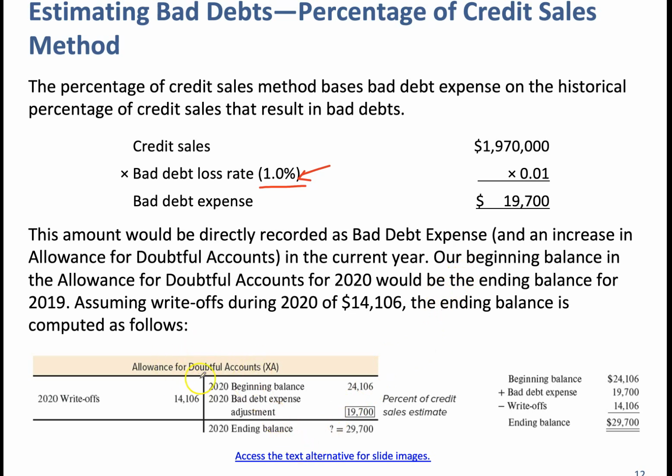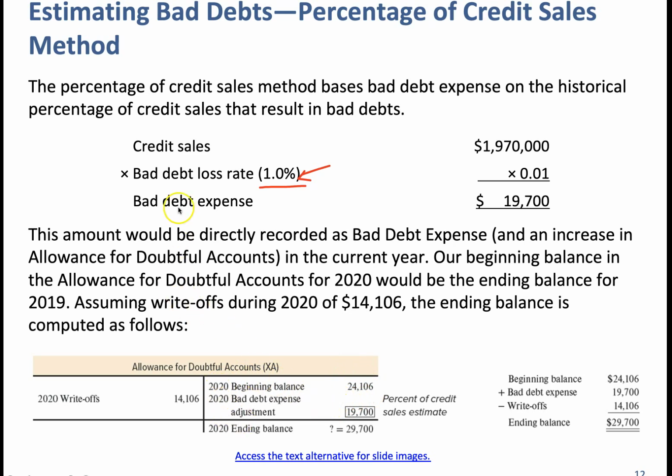So this is how the allowances for doubtful accounts would look. You can see this allowances account has a beginning balance on the credit side because it's a contra asset account. So its normal balance should be on the credit side, just like your liabilities accounts or the stockholders' equity account.